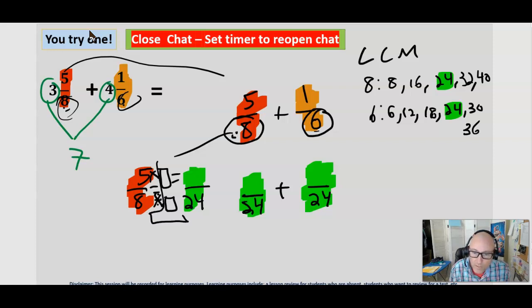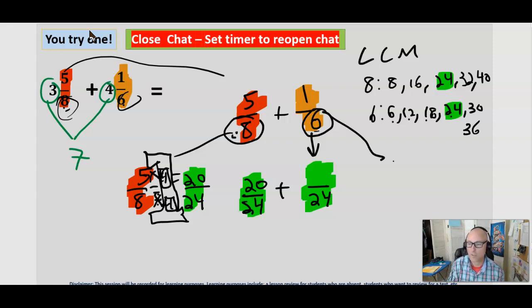Whatever you do on the bottom is going to be the same on the top. 8 times 1, 2, 3, 4. So multiply by 4 on the bottom and multiply by 4 on the top. 5 times 4 is 20. There's our first lime, 20/24ths. Now what's our second lime going to be? Now we have to turn this orange here, 1/6, into a lime.